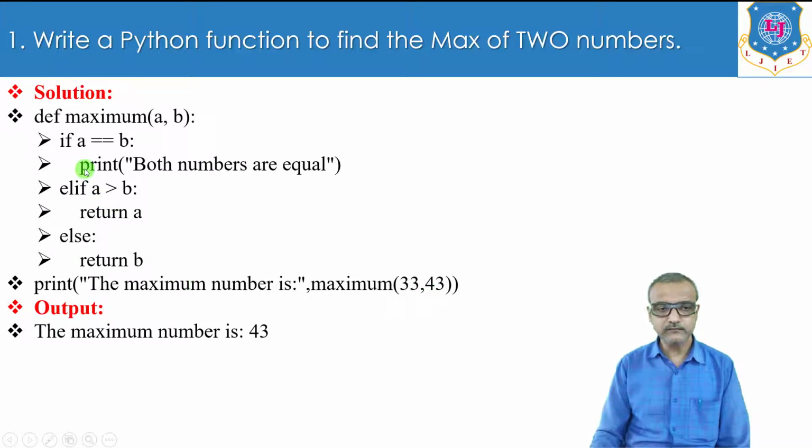So here both numbers are not equal, so this one statement will not be executed. Is a, that is 33, greater than 43? It's not true. So this statement will be executed, that is return b. So it will give us 43 as output.